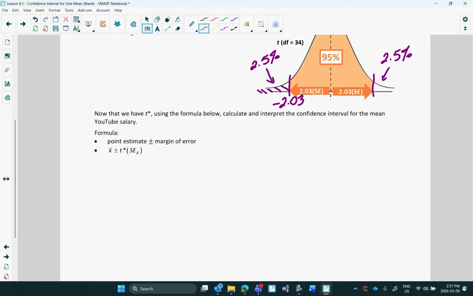So it's still going to be the point estimate mean plus or minus that 2.03 now at 95%, sample standard deviation over the square root of the sample size.